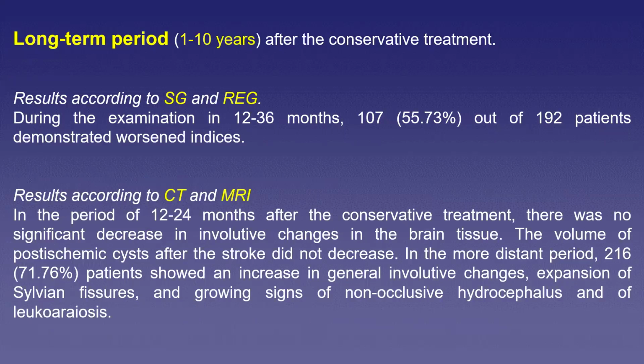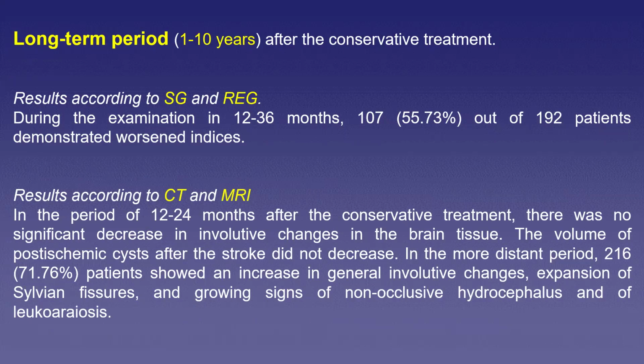Long-term results, 1 to 2 years after the conservative treatment. According to SG and REG, during the examination in 12 to 36 months, 55.7% out of 192 patients demonstrated worsened indices. According to CT and MRI, in the period of 12 to 24 months after the conservative treatment, there was no significant decrease in involutive changes in the brain tissue.